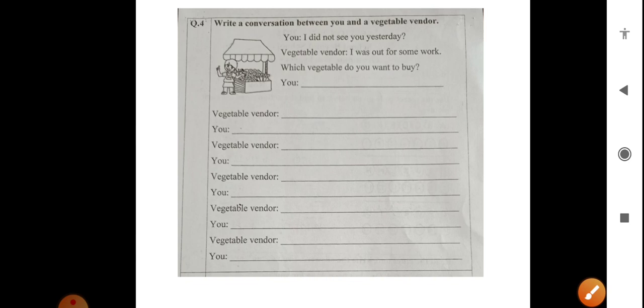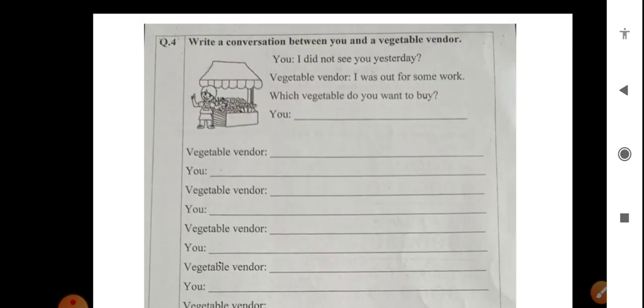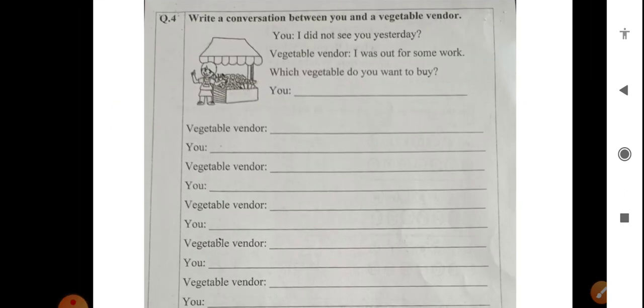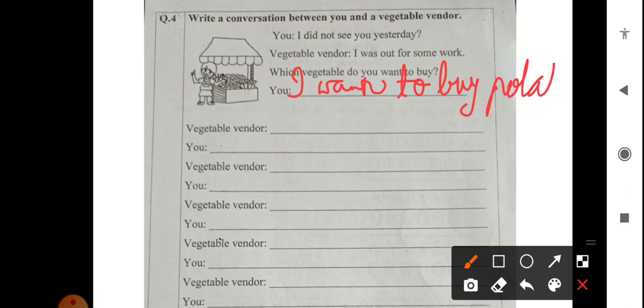Question number 4. Write a conversation between you and a vegetable vendor. Now vegetable vendor means a person who sells vegetables. You: I did not see you yesterday. Vendor: I was out for some work. Which vegetable do you want to buy? You can say that I want to buy potatoes or lady's finger or anything, whatever you like.